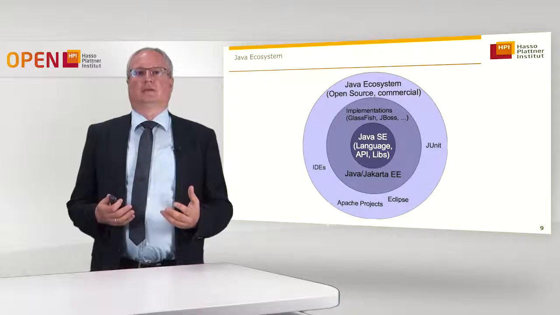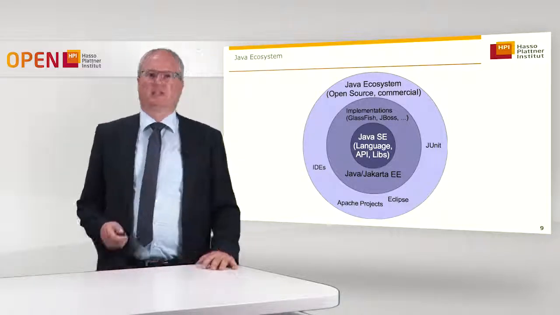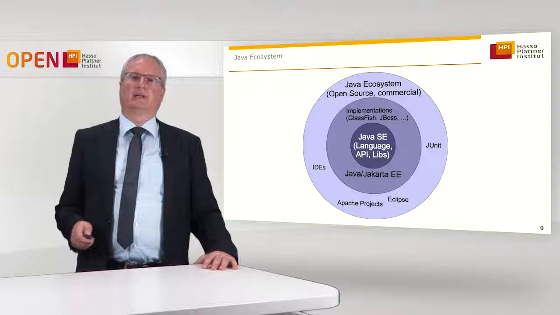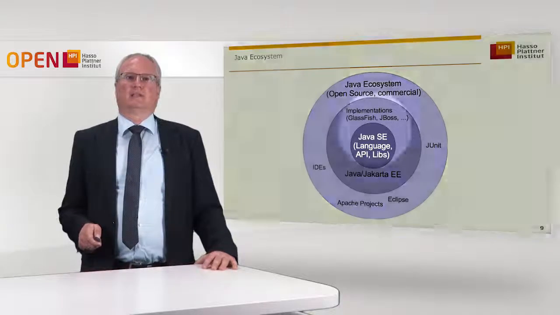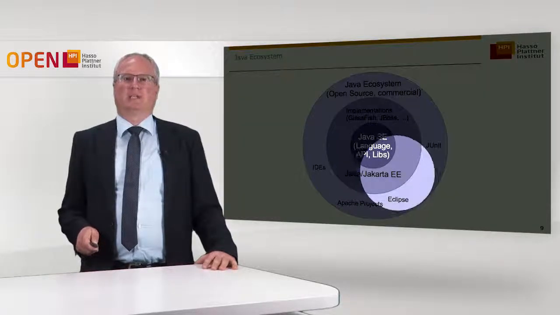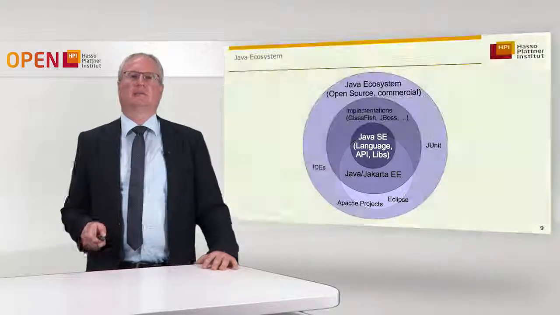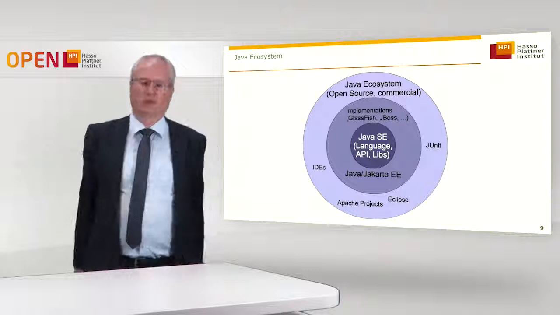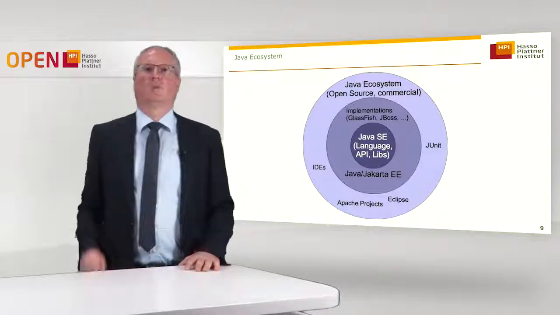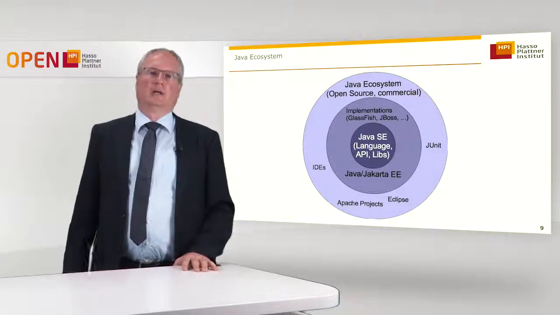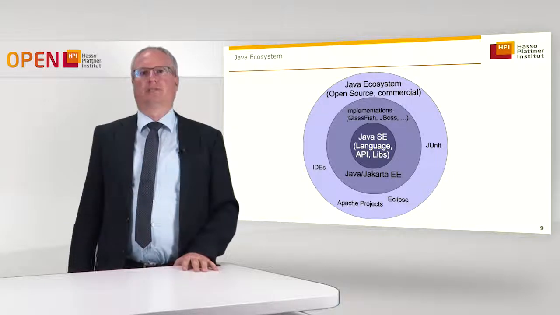However, to develop business applications in Java, you need to know more. And you see that the next level is the so-called Java Enterprise Edition, as it used to be called. Just recently it was renamed to Jakarta EE and was sort of set free to the open source community, handed over to the open source community, and is now maintained by the Eclipse Foundation.